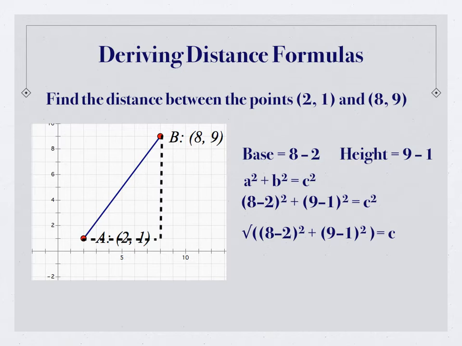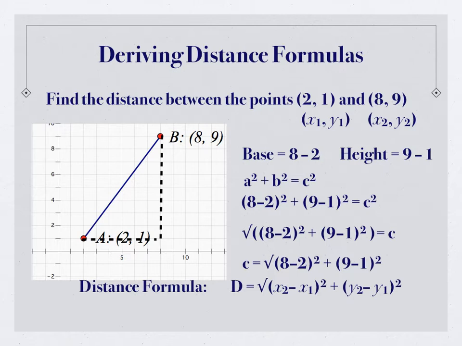But I look back up at my original points and I think to myself, I can call the first point x sub 1, y sub 1. And I can call the second point x sub 2, y sub 2. And in my last line of work, I can just substitute in the numbers there with the variables, and I can see the distance formula using this concrete example.